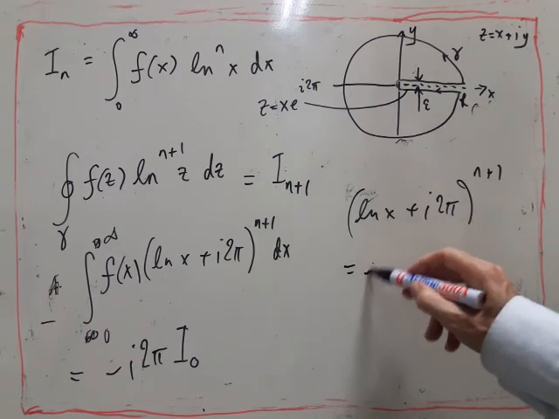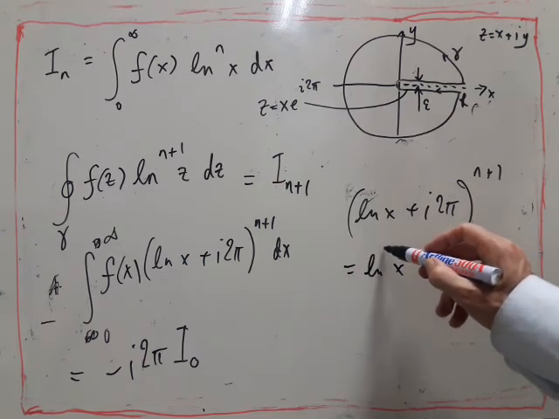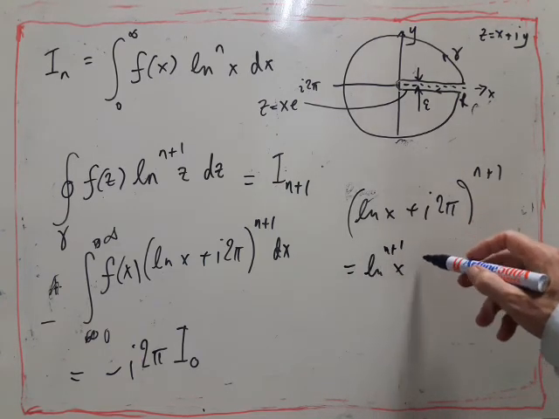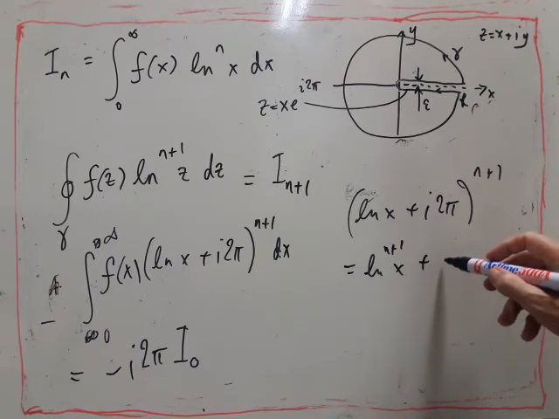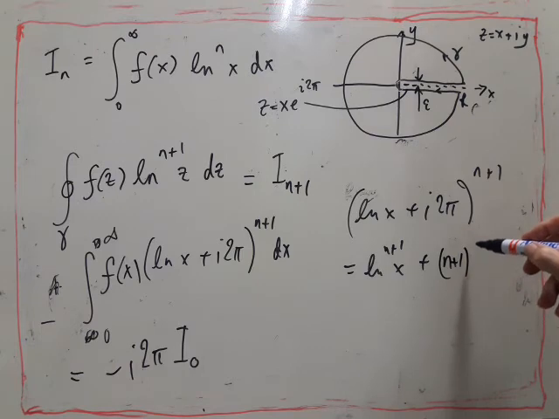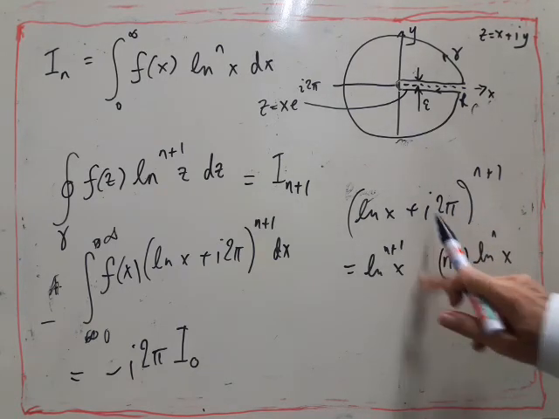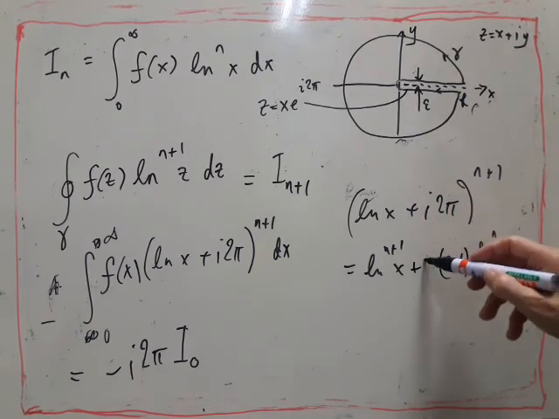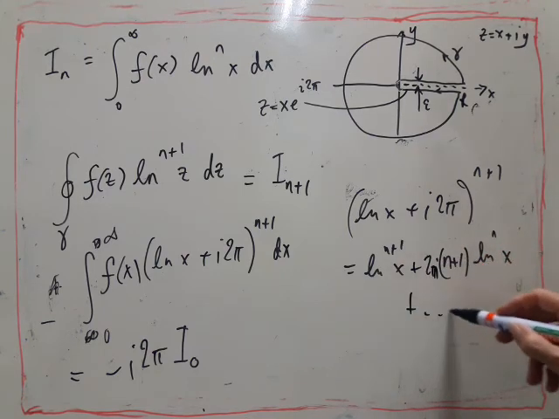Well, what's that equal to? The first term is log x to the n plus 1. Then just use your binomial expansion, you've got n plus 1 times log x to the n times this term, 2 pi i, and so on, plus, etc.